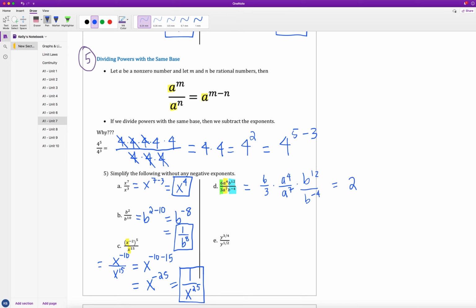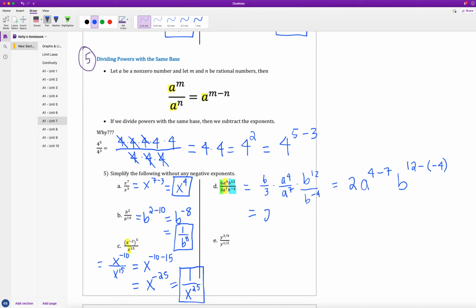If I have a to the 4th over a to the 7th, I can subtract the exponents because their bases are the same. So we get a to the 4 minus 7. And then I can do the same thing with the b's because their bases are the same, and we get 12 minus a negative 4. Be careful with the double negatives because I'm going to end up actually adding them together.